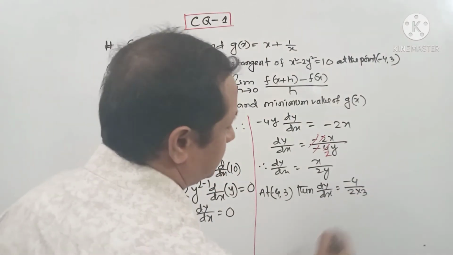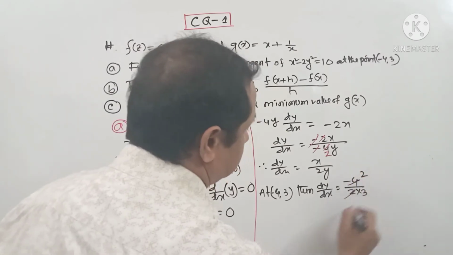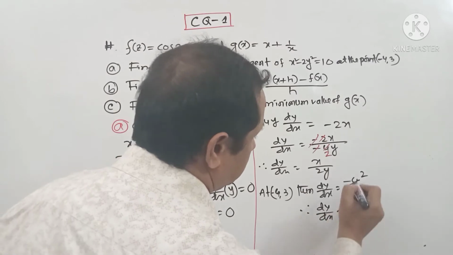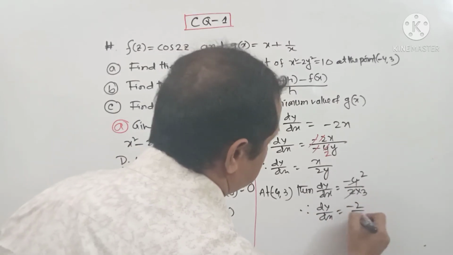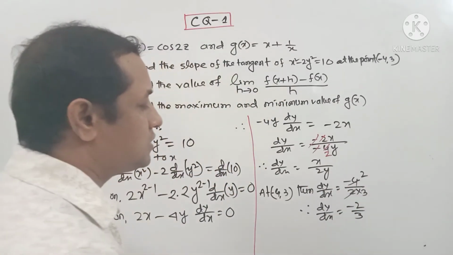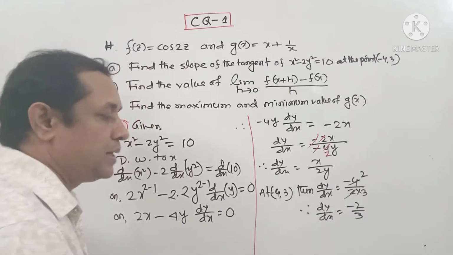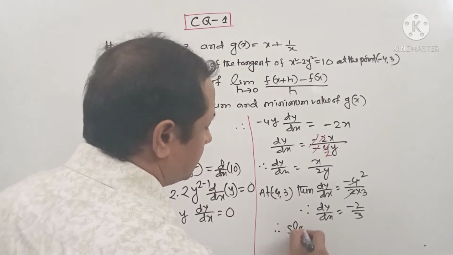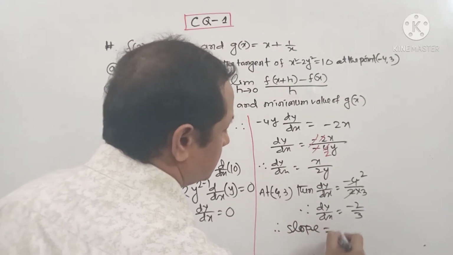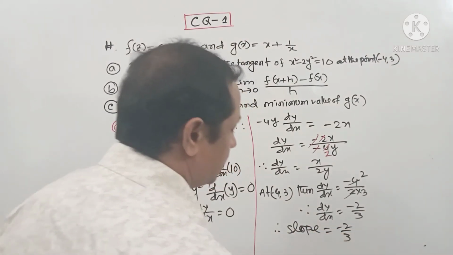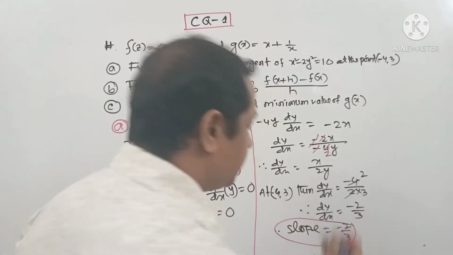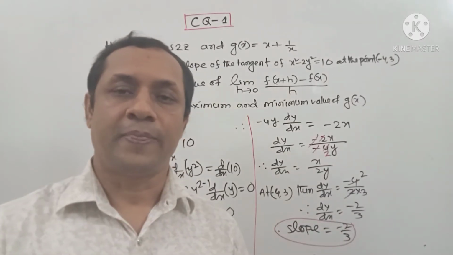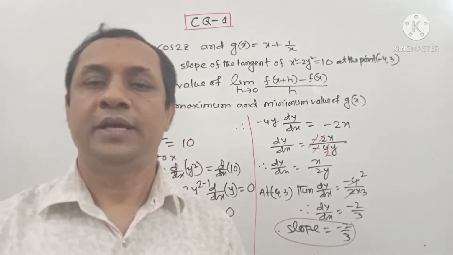So 2 and 4 cancel. The result will be dy dx equals minus 2 by 3. So the required slope equals minus 2 by 3. I hope that, students, you are clear.